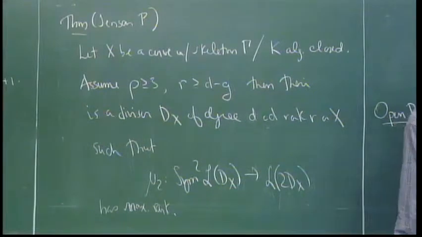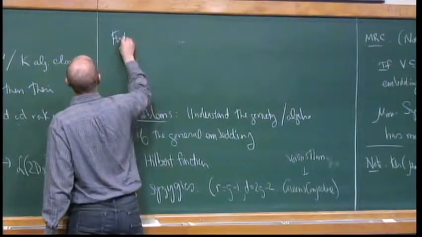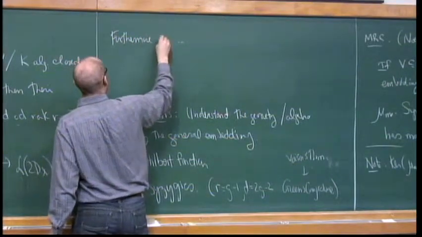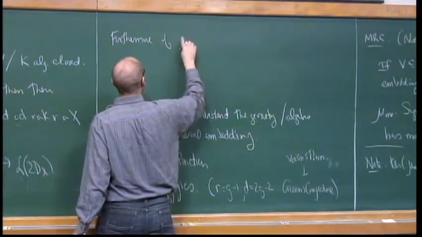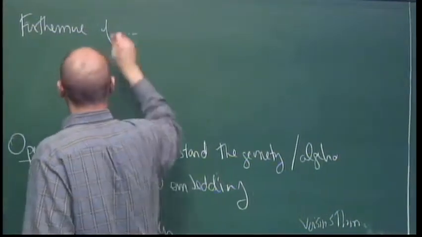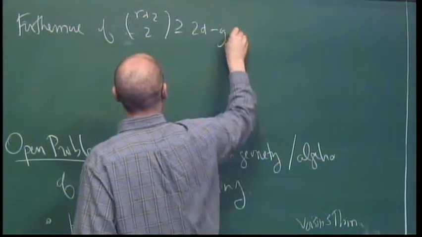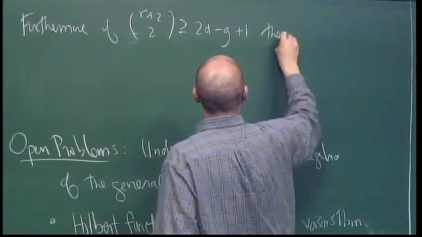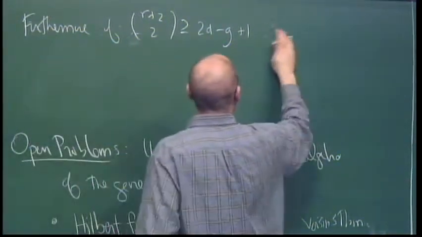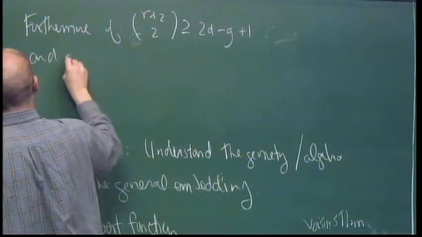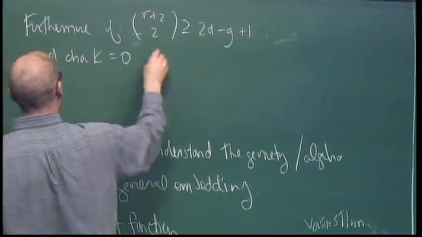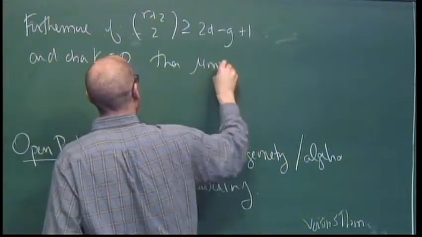From this, using classical techniques, we can also make statements about the higher multiplication maps when mu2 is surjective. So furthermore, if mu2 is surjective, which exactly means that r plus 2 choose 2 is greater than or equal to 2d minus g plus 1, then, and one more hypothesis, and the characteristic is 0, then mu m is surjective for all m.